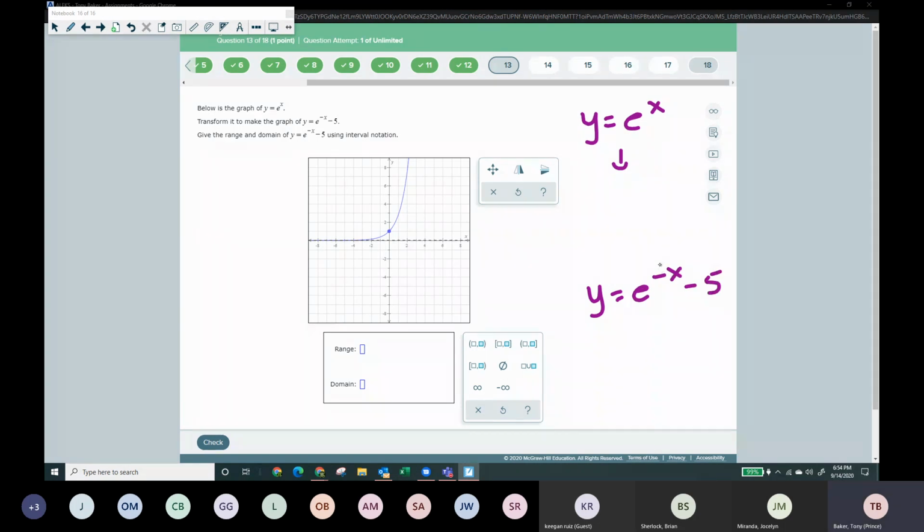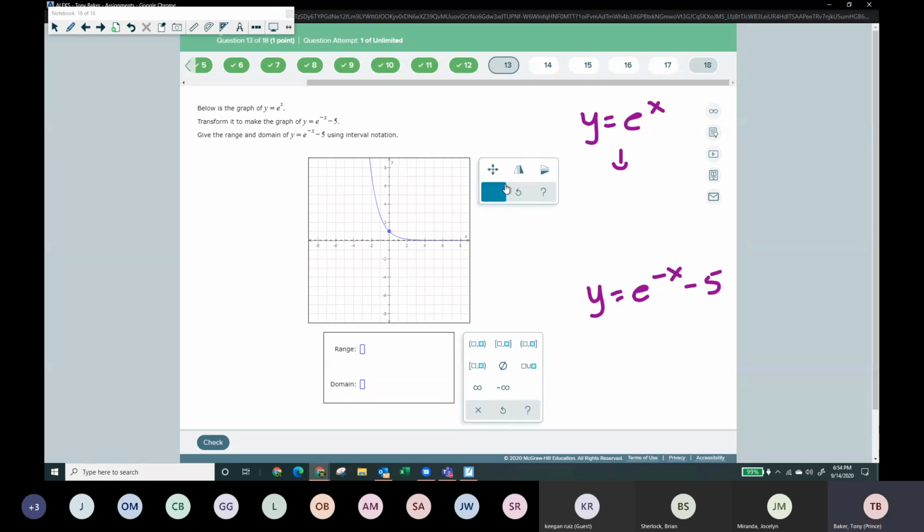So this negative sign switches my x's. So that means I'm going to invert it over the y-axis, because that means my x values change. So if it's a negative next to the x, you're inverting it over the y-axis. If it's outside, it's flipping over the x-axis.